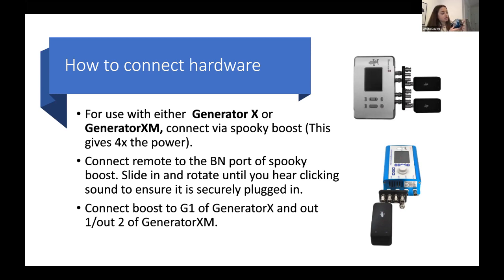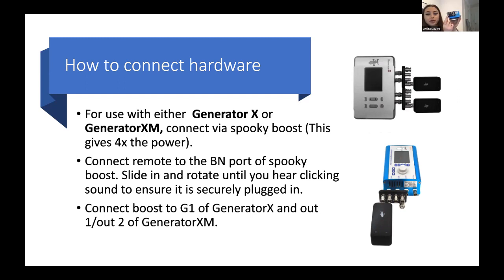And then once you've done that, sorry, this is quite hard, twist these, and you'll hear a click, and that's when you know that it's secure. So twist both of them until you hear a click, and then it won't come off, it's secure. You're then going to take your remote and connect it to the BN port.